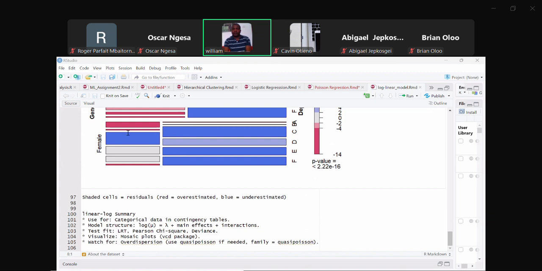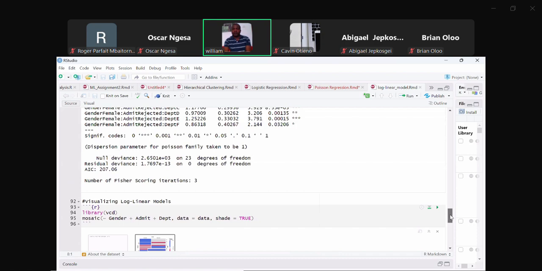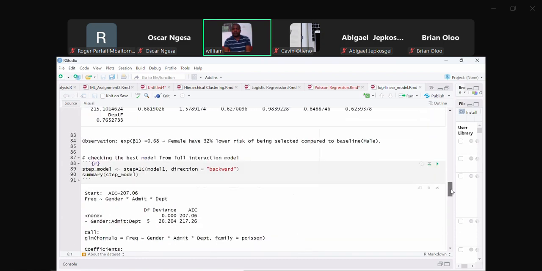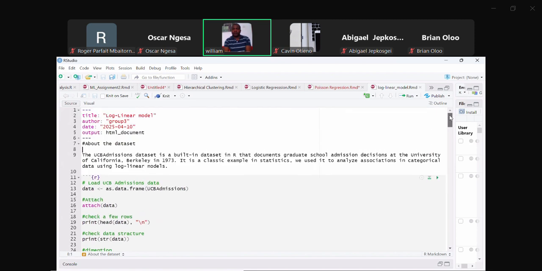To visualize, we use mosaic plot from the vcd package. And always watch for over-dispersion, whereby if there is over-dispersion, go for quasi-Poisson if needed. You just change the model. Instead of Poisson, you use quasi-Poisson. Otherwise, I know this one we didn't do it well in terms of interpretation, but that was our effort from group 3. Back to you, Abigail.